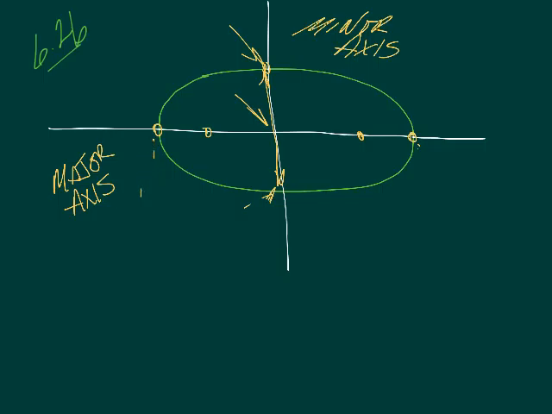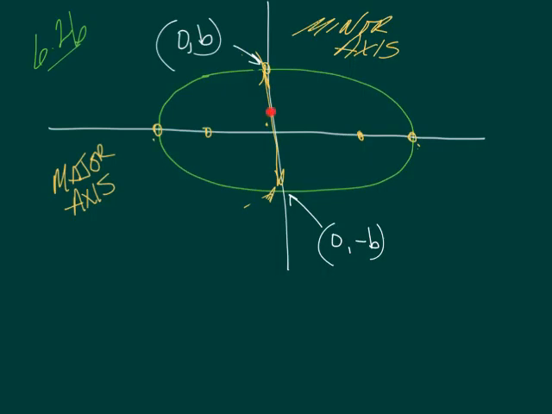And let's just look at the green, the ellipse itself. Alright, so this point right there is going to be 0, negative b. And this point right here will be 0, b. Meaning that the distance between the center and here is the same as the distance from the center to here. It's b long.